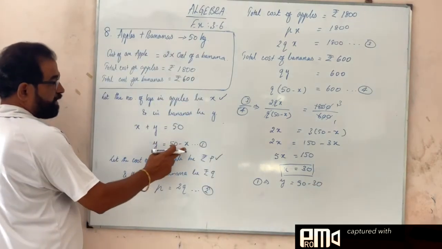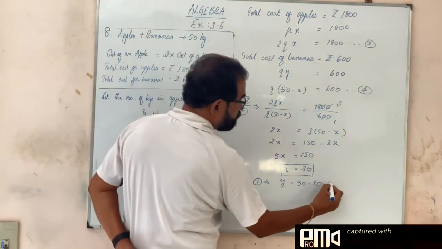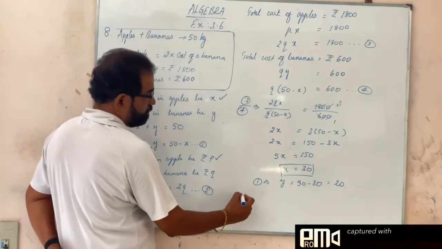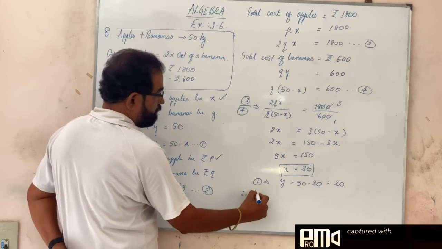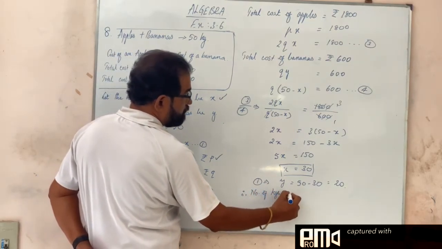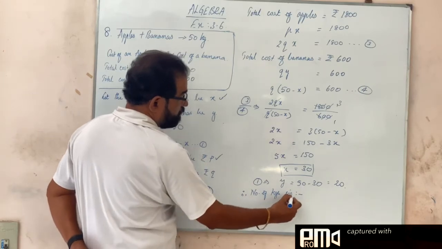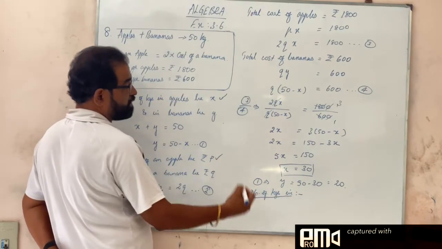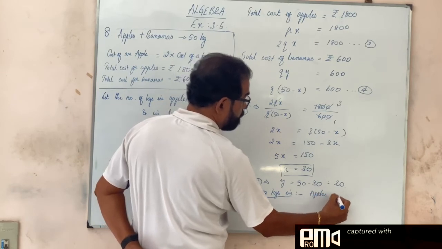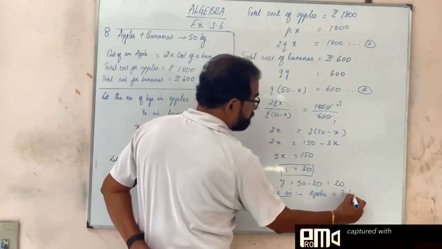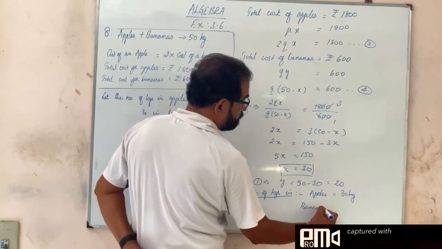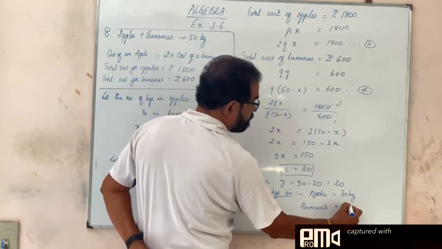Because y is 50 minus x, so 50 minus 30 is equal to 20. Therefore, like a heading we are giving, number of kgs in apples 30 kg, bananas 20 kg.